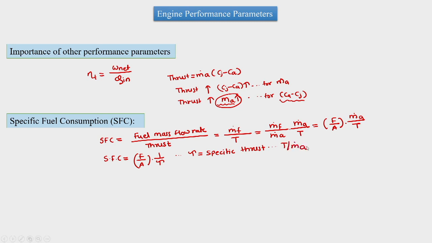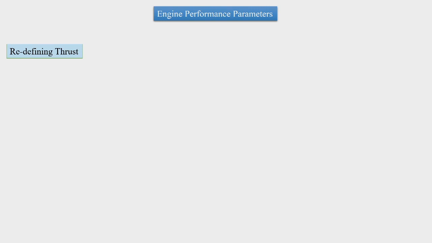This is also termed as thrust specific fuel consumption, TSFC. Here we can use this thrust specific fuel consumption to compare between two engines which are operating at two different conditions.